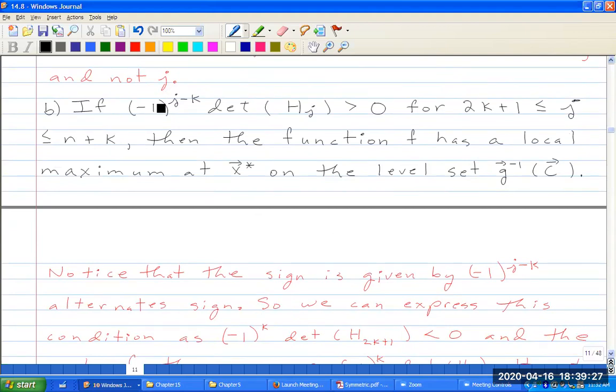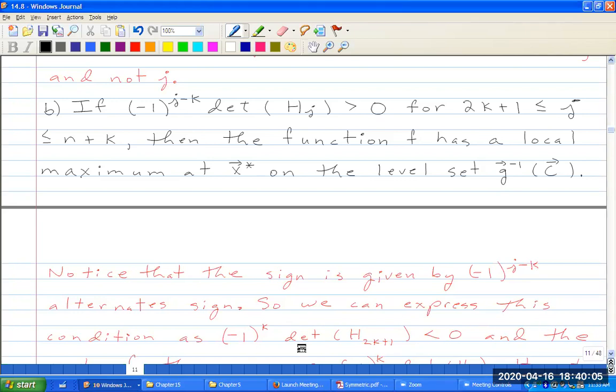If (-1)^(j-k) times the determinant of H sub j is greater than 0 for all j from 2k+1 to n+k, then the function F has a local maximum at X star on the level set G inverse c. Notice that the sign is given by (-1)^(j-k), so this alternates in sign.